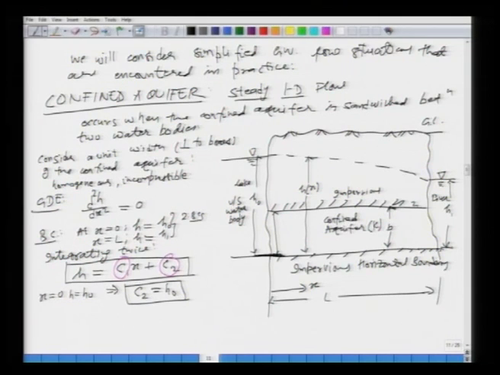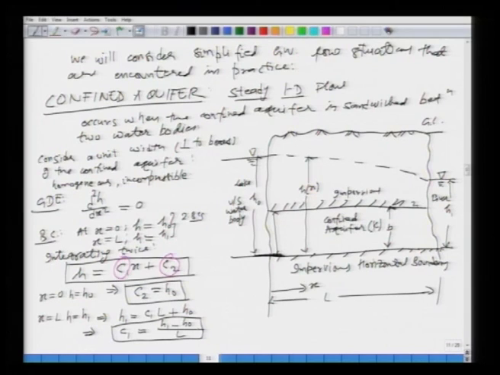What will be the second one? Well, to obtain C1, we just use the second boundary condition. So, at x is equal to L, you say h is equal to h 1. If you put these things in your solution, what you will have is h 1 is equal to C1 times L plus C2. What is C2? C2 is h naught, we just found out. So, that will give you C1 is equal to h 1 minus h naught divided by L. So, we have found both C1 and C2.